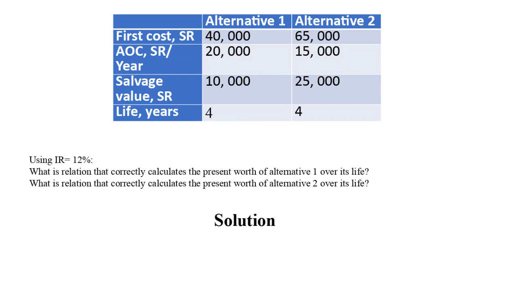Oh, thank you, Firas. Okay, that's the formula. It was already written here. So 20,000 P given A at 12% for 4 years, and plus 10,000 for the salvage value that is given.